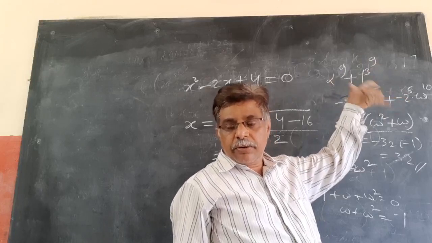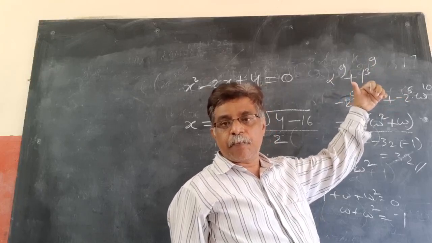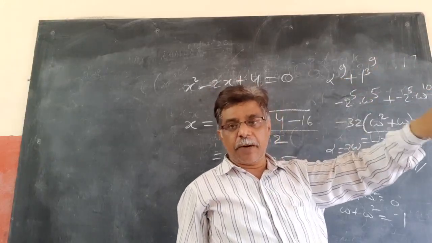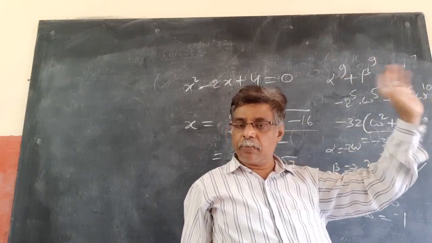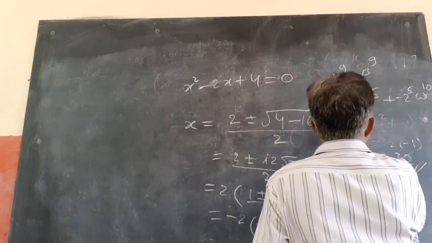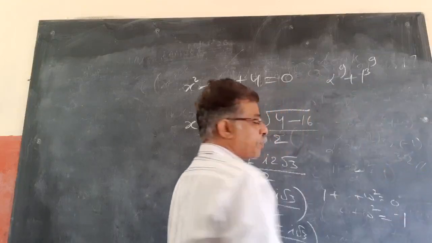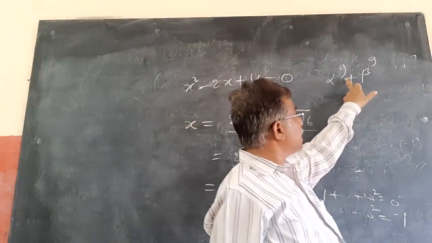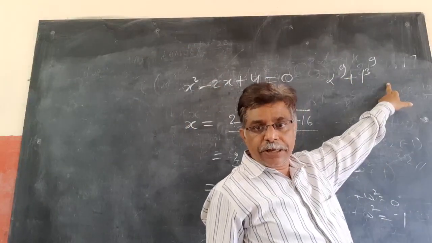The concept is the same, they are just changing this line. Alpha plus beta, alpha into beta, omega square, everything you know. Just how to apply it is what is important. So same-type questions are also repeating. Without changing the numbers, they just changed the powers in 2013.